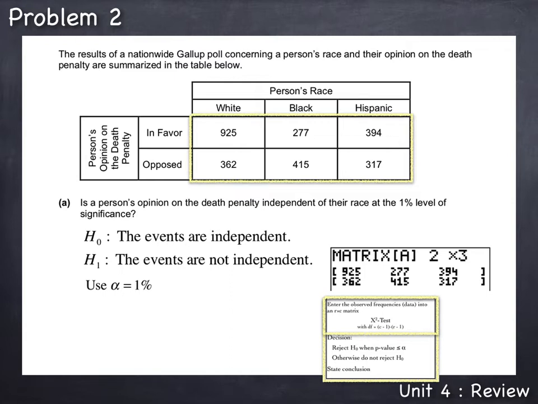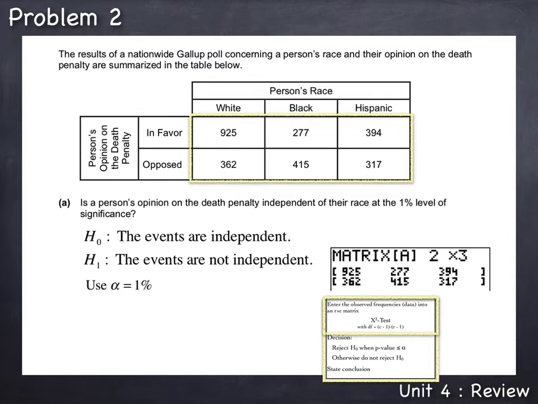So we enter 2, Enter. The second number, the number of columns, refers to the second variable, a person's race, which was expressed as 3 different categories: white, black, and Hispanic. So then we enter 3, Enter.